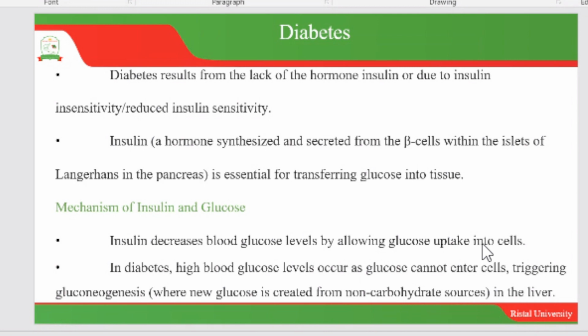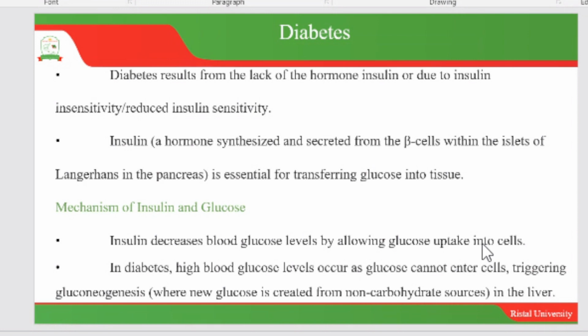So the mechanism of insulin and glucose: insulin decreases blood glucose levels by allowing glucose uptake into cells. So in diabetes, high blood glucose levels occur as glucose cannot enter the cells. Then this triggers what is known as gluconeogenesis.